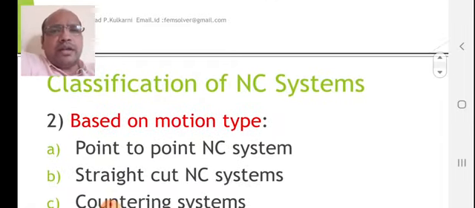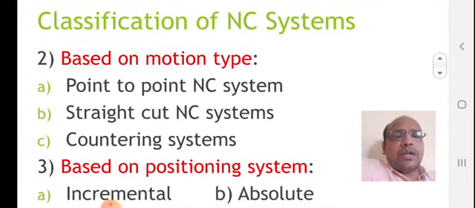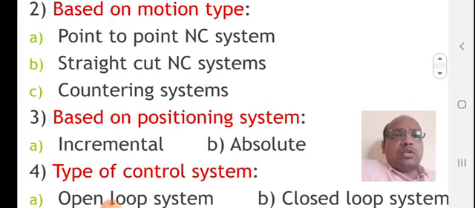Now let us see the types of NC system, that is, the classification of NC systems. First, based on motion type: point to point NC system, straight cut NC system, then contouring NC system.